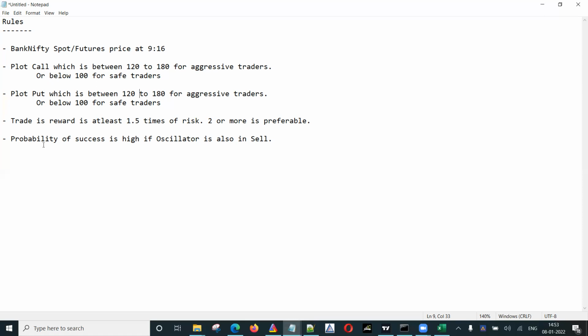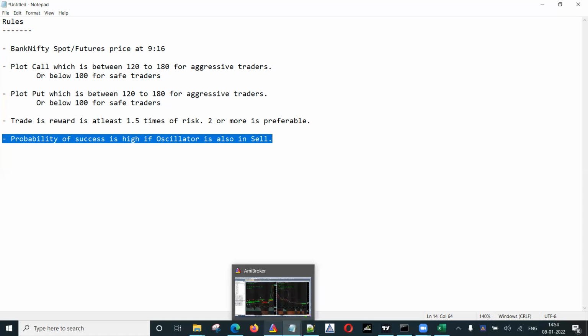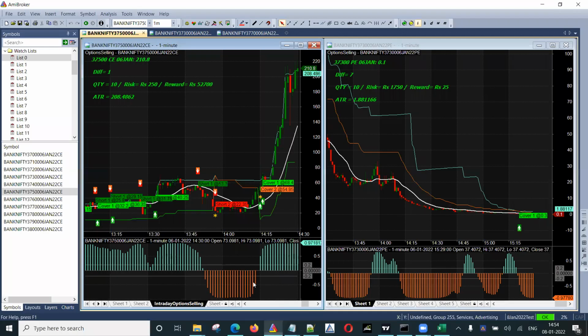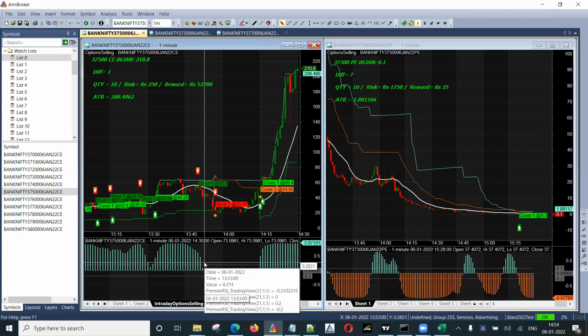Now, another extremely important thing is we saw the oscillator on the chart. So the probability of success of any trade goes up when that oscillator sells off. This is also a kind of proprietary oscillator. All the systems that we have created are proprietary. However, you can use any other oscillator as well as per your preference, but that will be on your discretion.